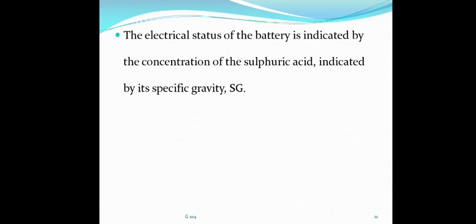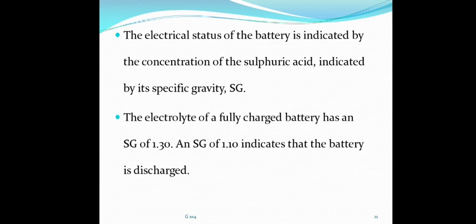The electrical status of the battery is indicated by the concentration of sulfuric acid, indicated by its specific gravity, Sg. Here also, the electrical status of the battery, whether it is in the discharged condition or charged condition, is given by the specific gravity of sulfuric acid.